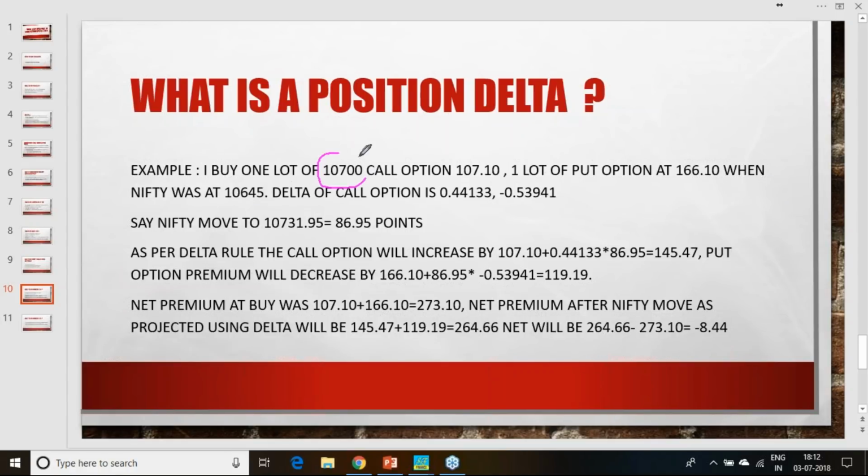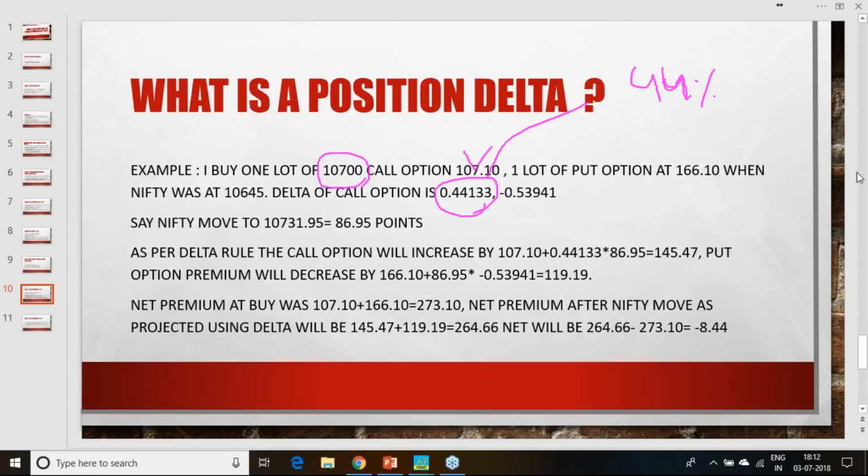Say the 10,700 call option was 107 and had a delta of 44 points. Pertaining to your question, if I go with the probability guesstimate, it says you have a 44% chance: 44 multiplied by 100, so a 44 percent probability of being in the money.